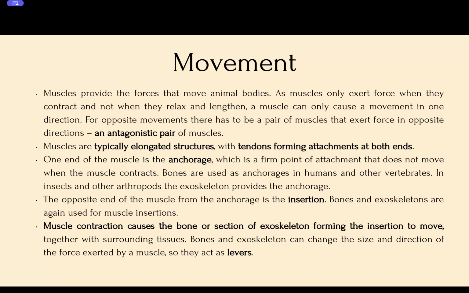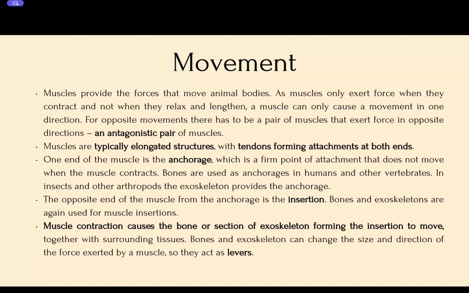Muscles are typically elongated structures with tendons that form attachments at both ends. One end of the muscle is the anchorage, which is a firm point of attachment that does not move when the muscle contracts. In humans and other vertebrates, bones are the anchorages, but in insects and other arthropods, the exoskeleton is the anchorage.